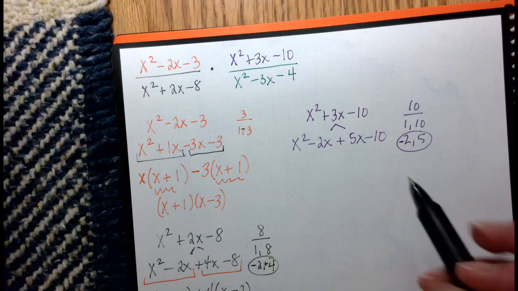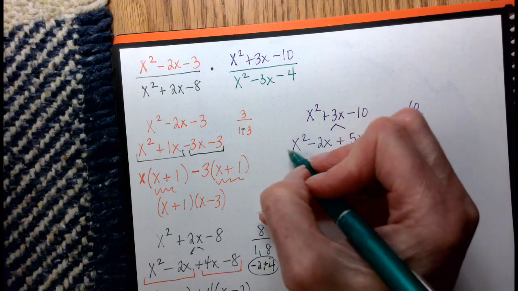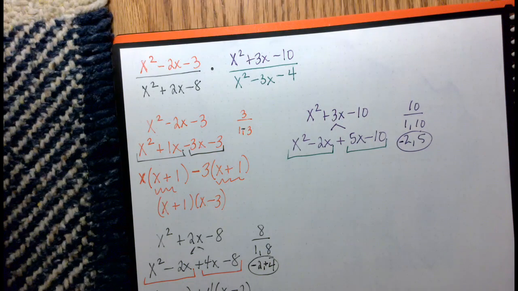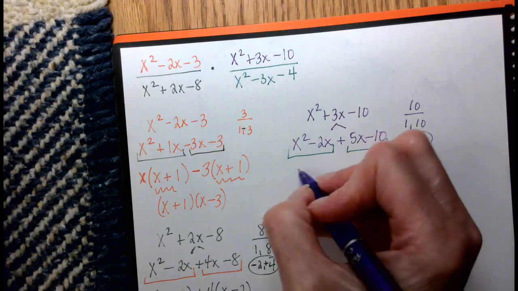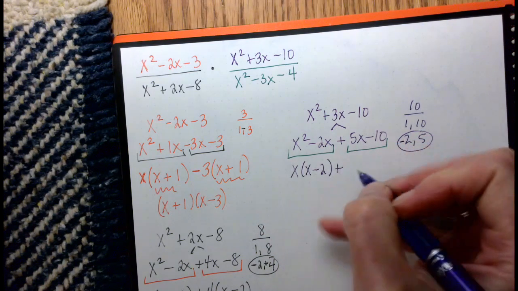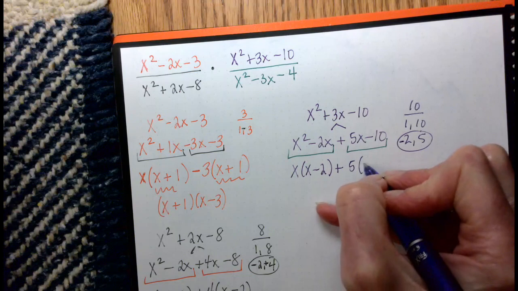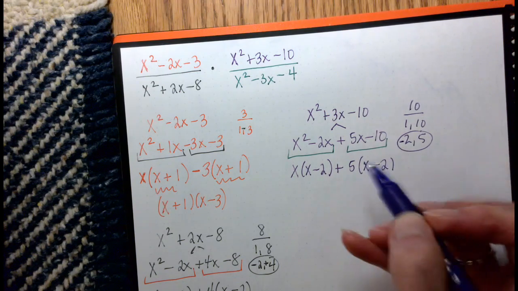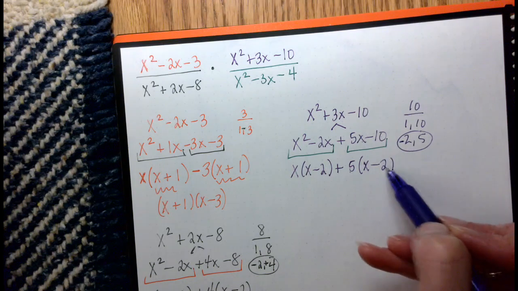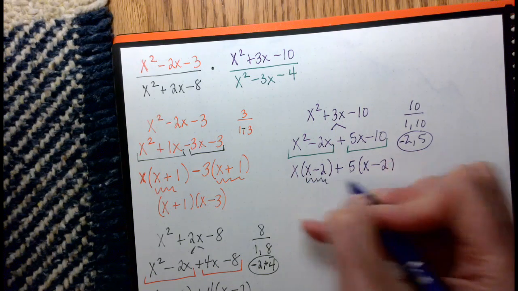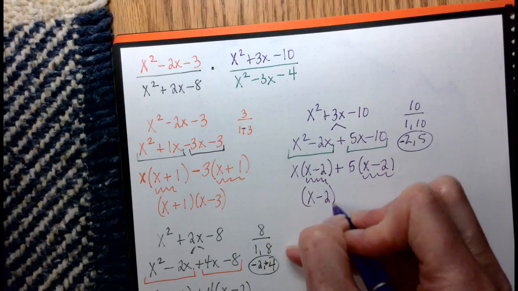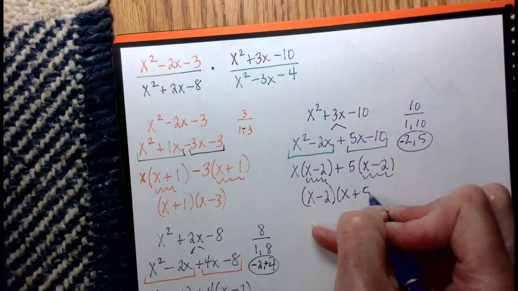And when we group here, we've got x times x minus 2 plus 5 times x minus 2. 5x divided by 5 is x. Negative 10 divided by 5 is negative 2. And we get x minus 2 times x plus 5.